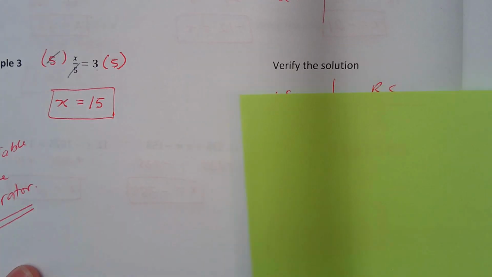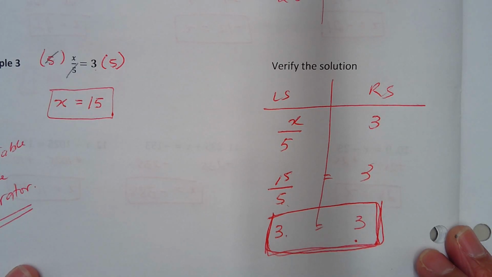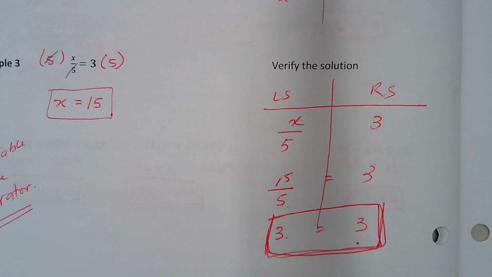Teacher, this is example 3. X over 5 is equal to 3 over 1. And the cross. Yeah. That's okay. Okay, good.